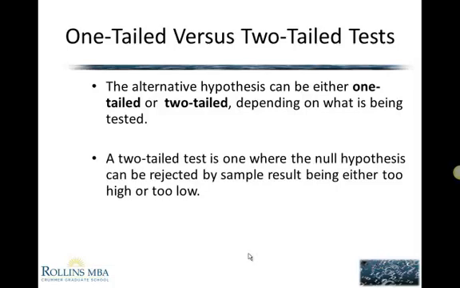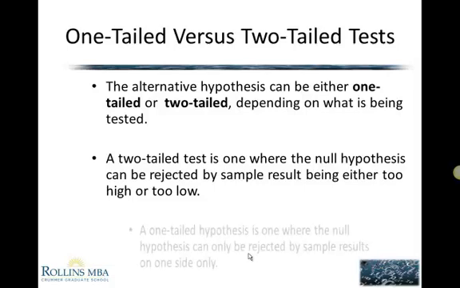A two-tailed test is one where the null hypothesis can be rejected by the sample being either too high or too low. That would be captured by an alternate hypothesis statement that says not equal to some null value. So if the sample is significantly larger than the null value or significantly lower than the null value, we would reject the null hypothesis in either case.